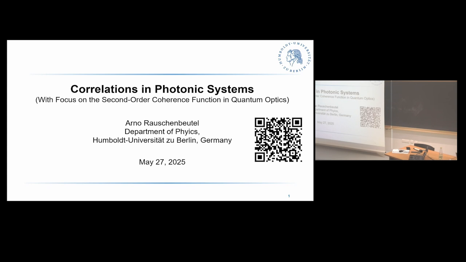So we have A dagger of t, A of t here, squared.